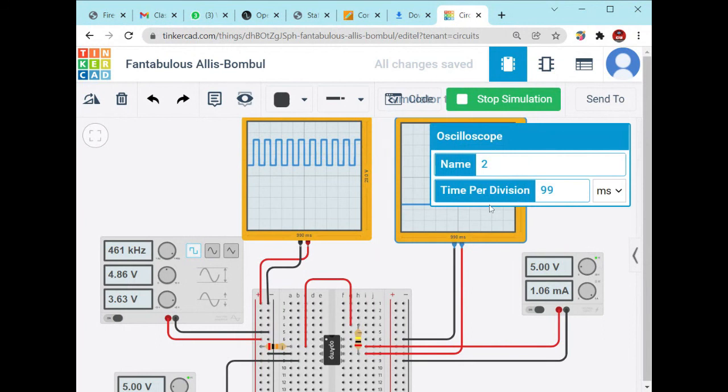You have to click on this oscilloscope and select the time per division 99 millisecond. Select this particular oscilloscope and put the value as 99 millisecond. Then it will show the waveform.